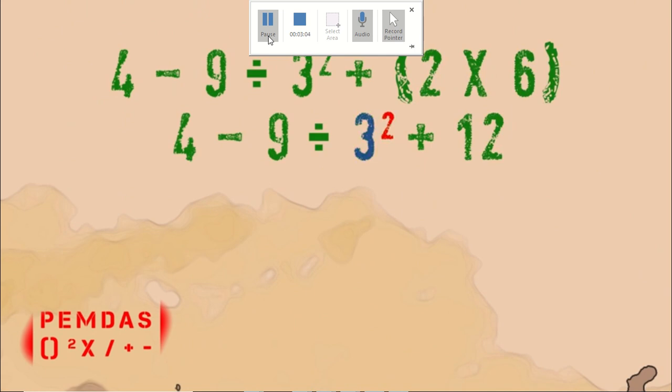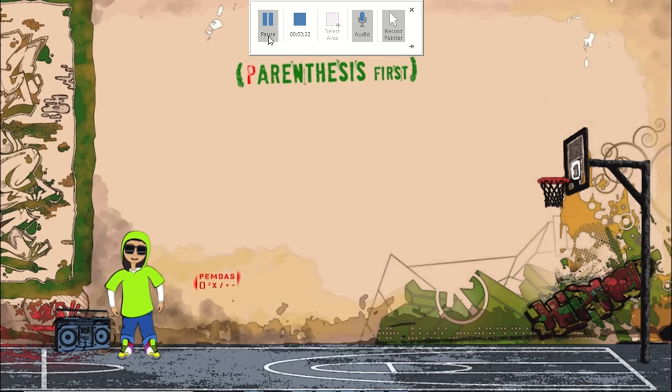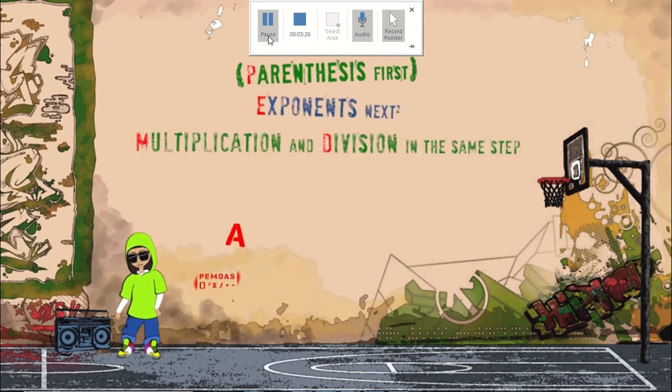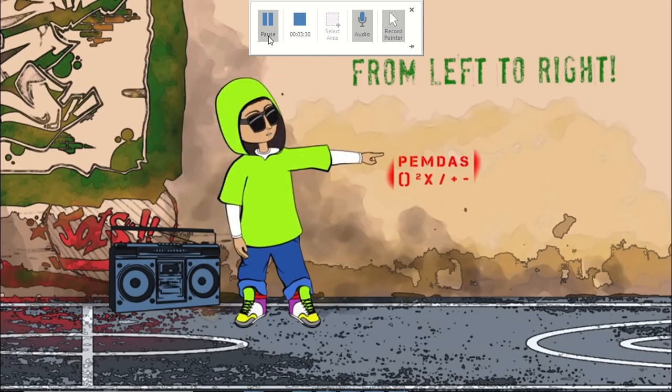Exponents next, 3 squared is 9. 9 divided by 9 is 1. 4 minus 1 has a difference of 3. When we add the 12, we get 15.